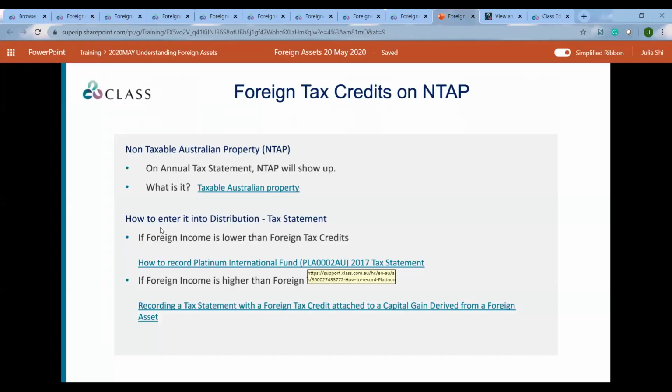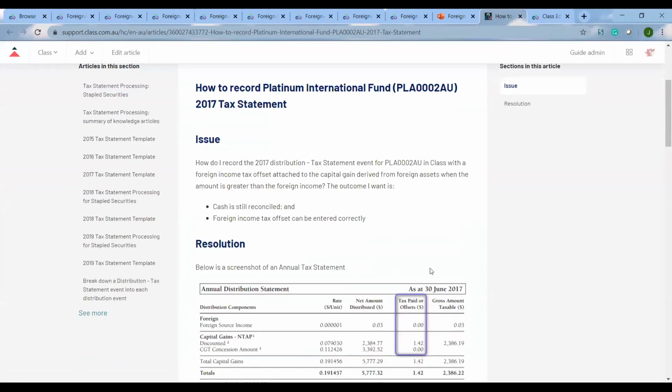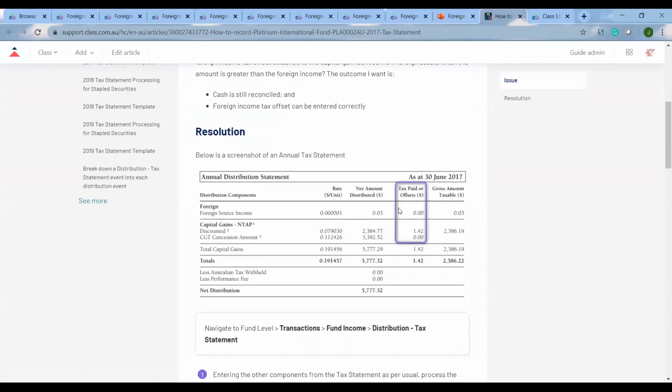Back to the slides, what we discovered is that since 2017, Platinum sends out a lot of tax statements like this, saying that there will be tax paid or offset just on the capital gain and TAP.